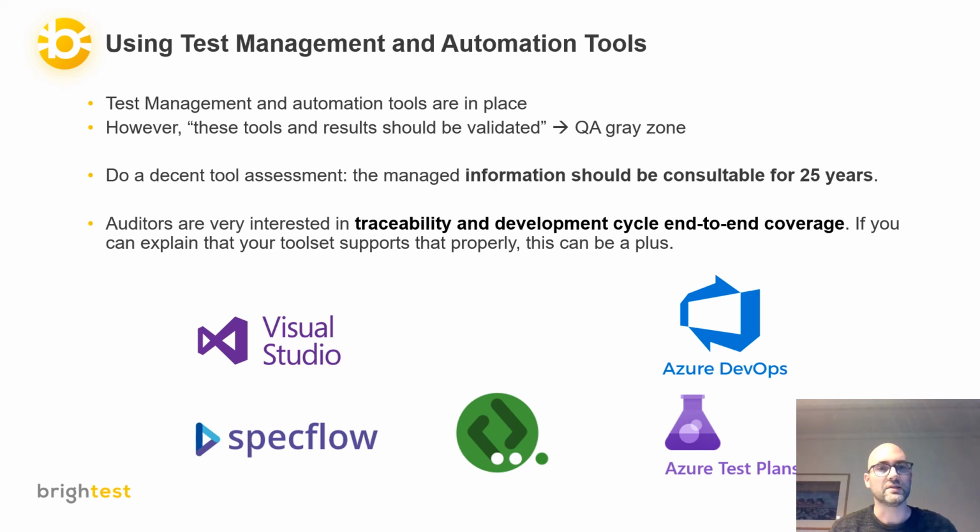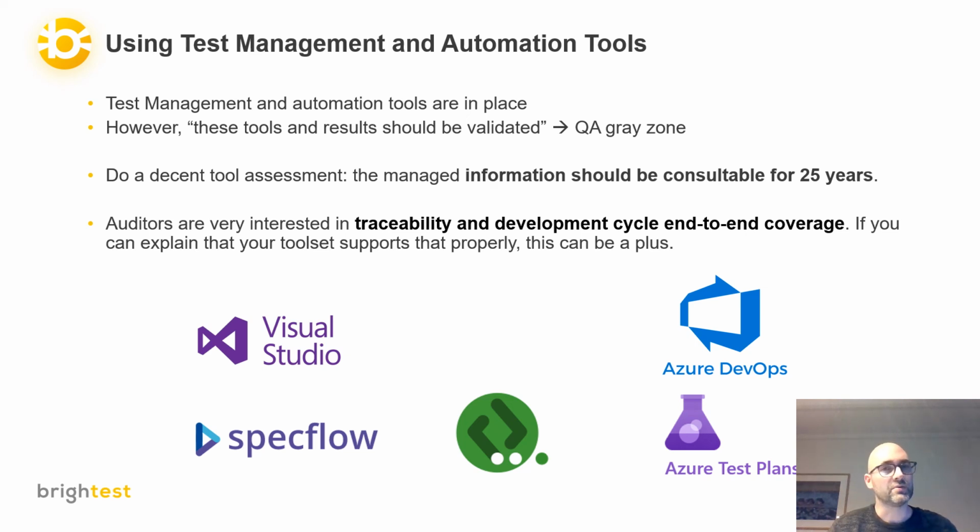Very important for decent tool assessment is also the fact that the information they have and manage should be available for 25 years. Also, this information should be human readable in documents, so it's always interesting to have a tool that allows you to export test results and certain amounts of the data.